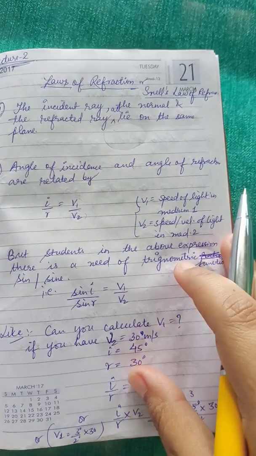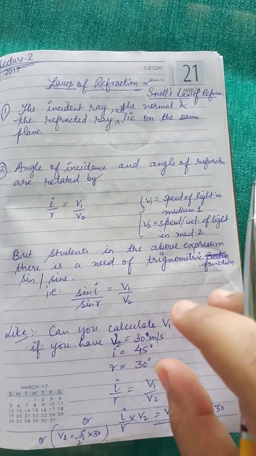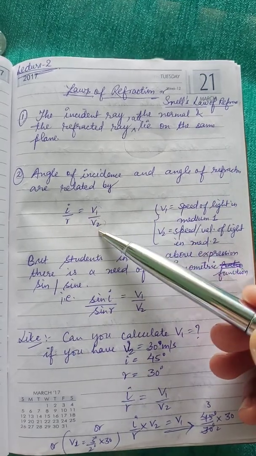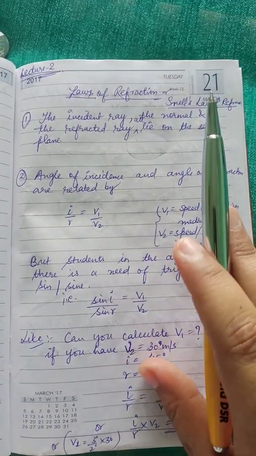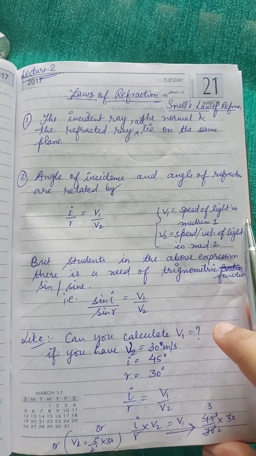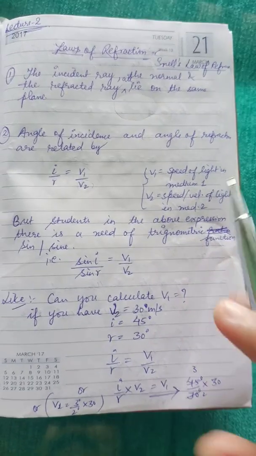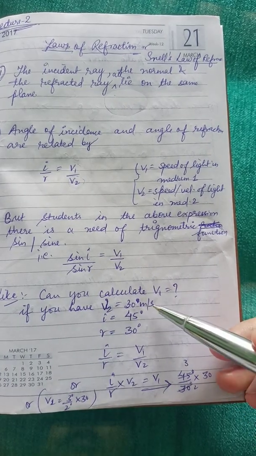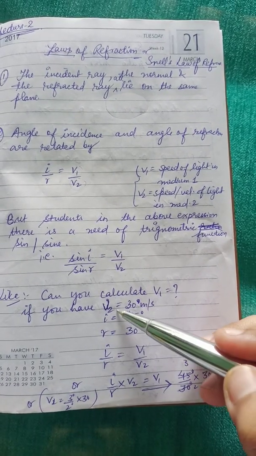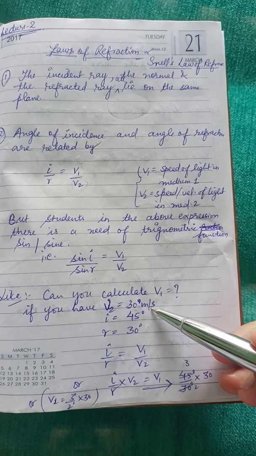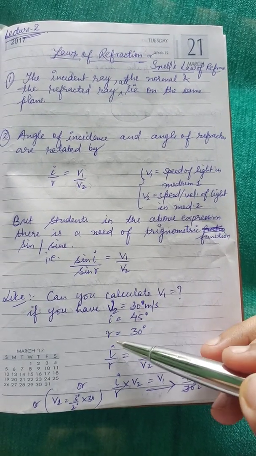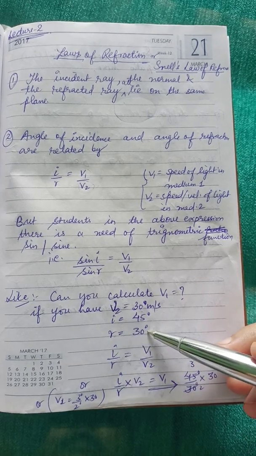But the question arises in the mind: why are we using the trigonometric function sine here? Why isn't i upon r equal to v1 upon v2 sufficient for this second law? The reason is, let's take an example. Can you calculate v1 when you have the value v2, which is 30 meter per second, that is velocity in medium 2? The angle of incidence is 45 degree and the angle of refraction is 30 degree.